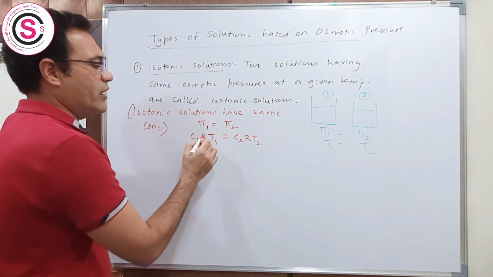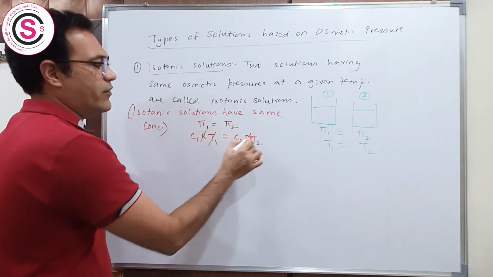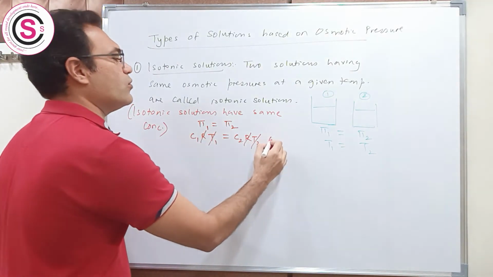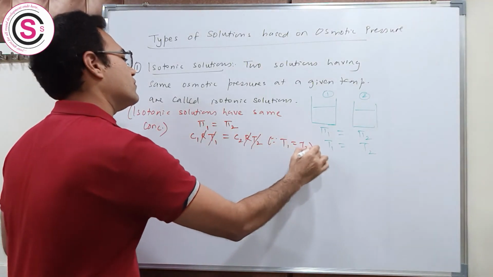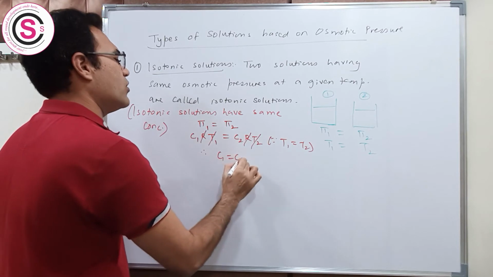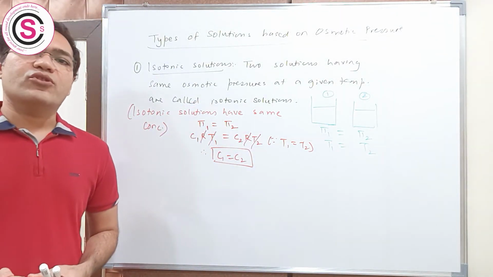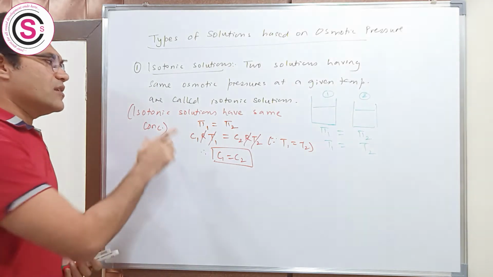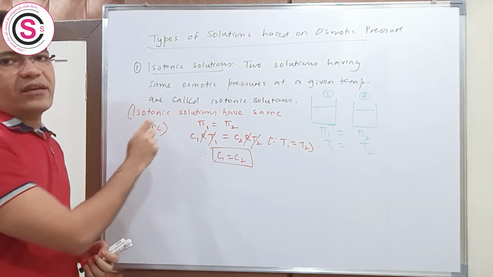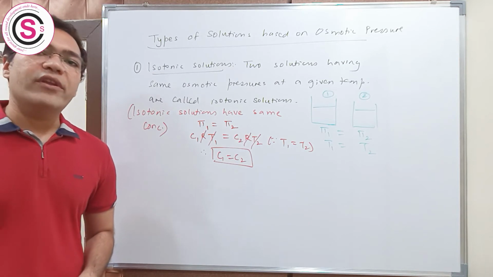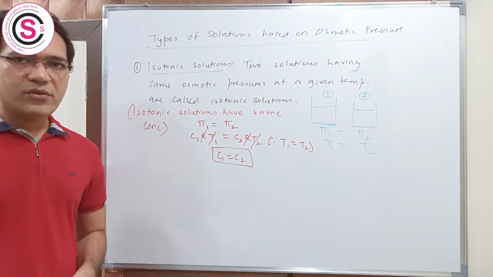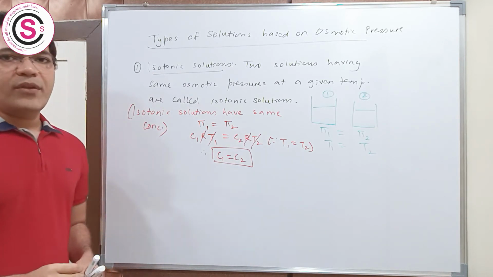So we know that T1 equal to T2. So R gets cancelled, T1 T2 gets cancelled because T1 equal to T2. So what we get, C1 equal to C2. Hence this proves my statement that isotonic solutions have same concentrations. Correct? Students, this particular line will be helpful to you in solving your JEE and NEET MCQs. Okay? So keep this thing in mind.